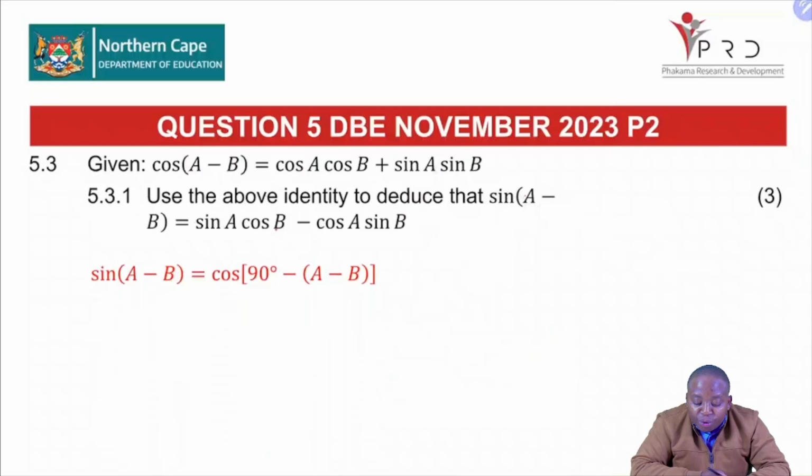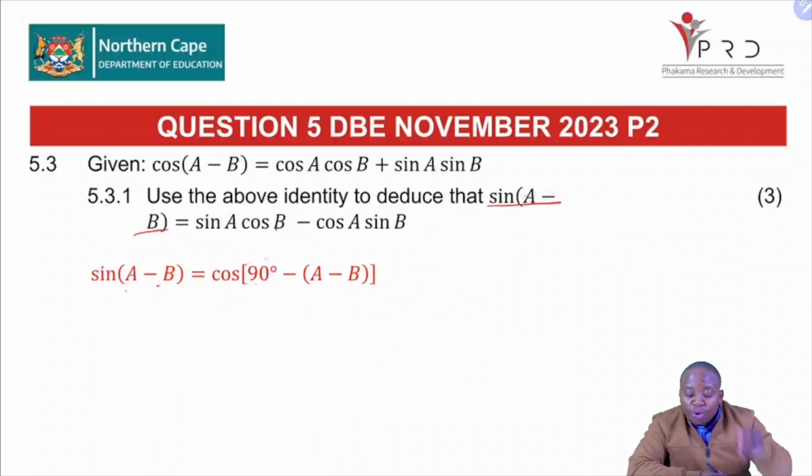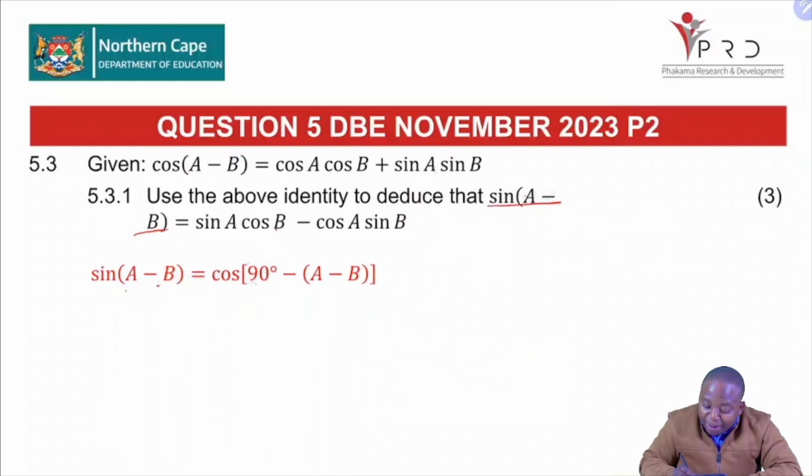Now, how are we going to do it? We know that sine(a minus b), which is what we are working with, we are going to utilize the concept of the co-functions. Because remember, the co-function of cos is still sine. So I haven't changed anything in this case.